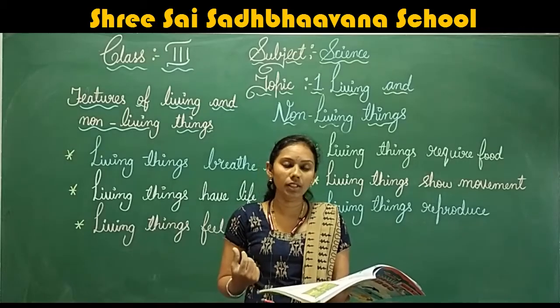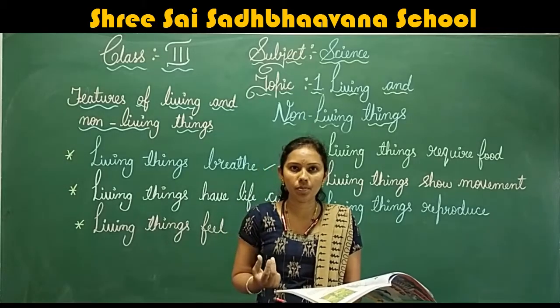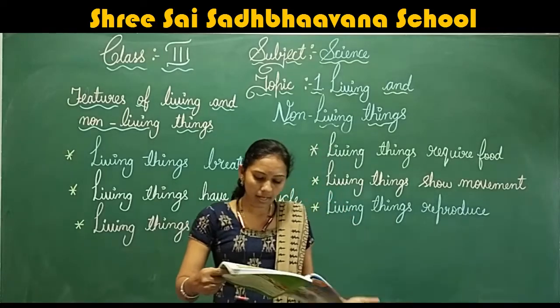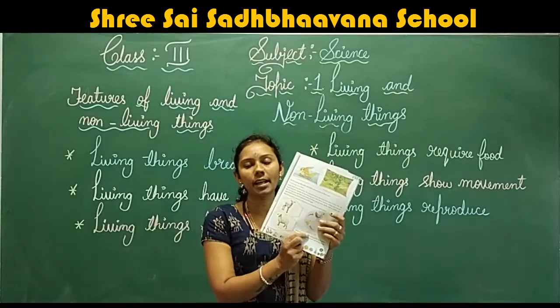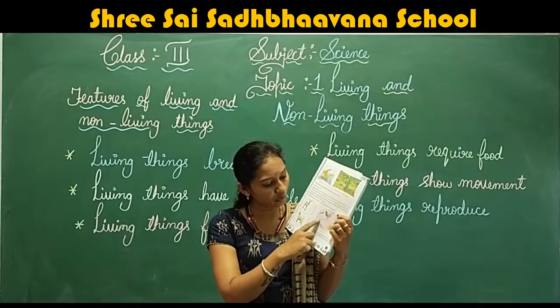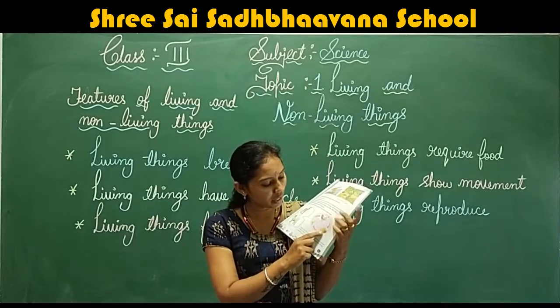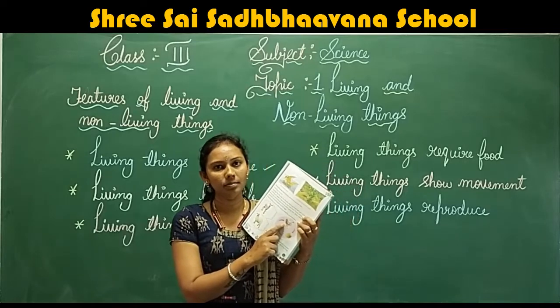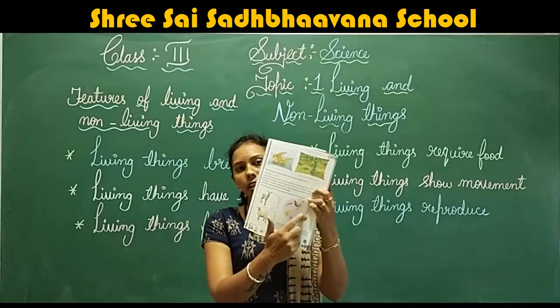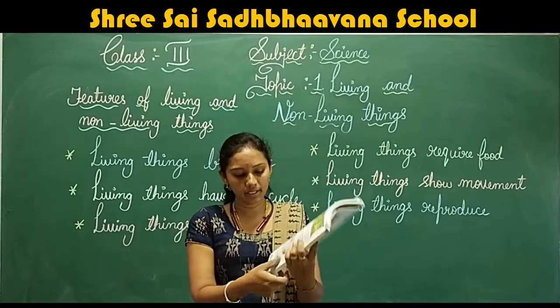So here, living things reproduce. You can see here lamb, sheep, and the life cycle of a hen, how it reproduces. Egg into chick, chick into hen. This is the life cycle of a hen.